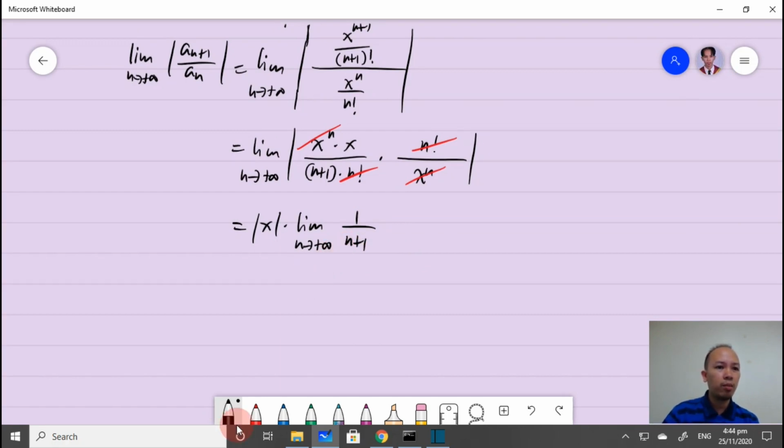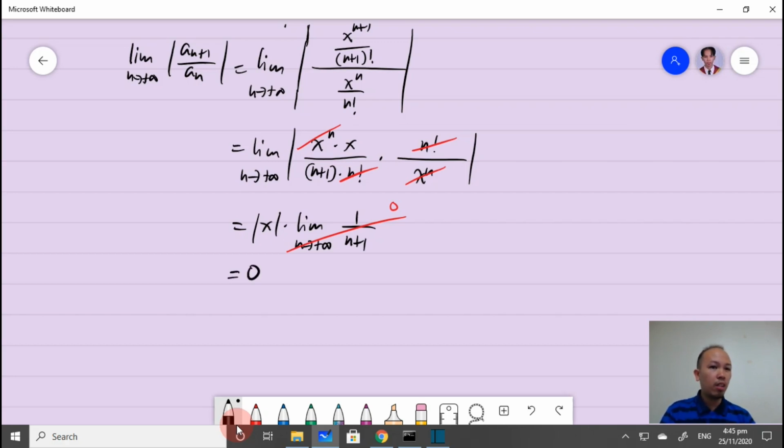So the limit of this expression here is always equal to 0. Meaning to say, regardless of the value of x, from negative infinity up to positive infinity, multiplied by 0, this is always equal to 0.